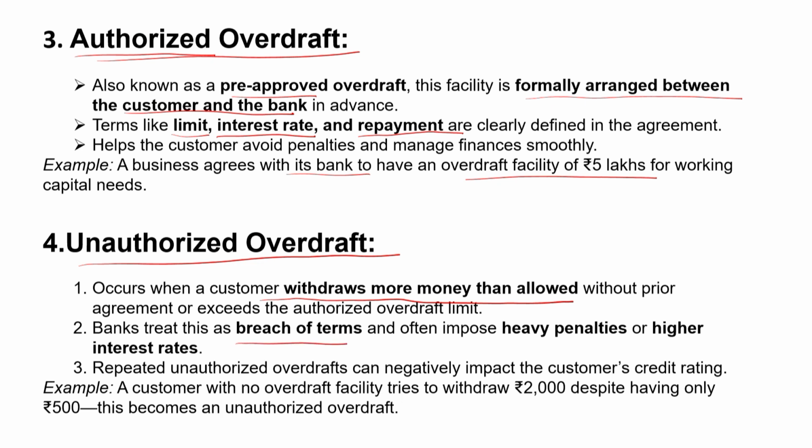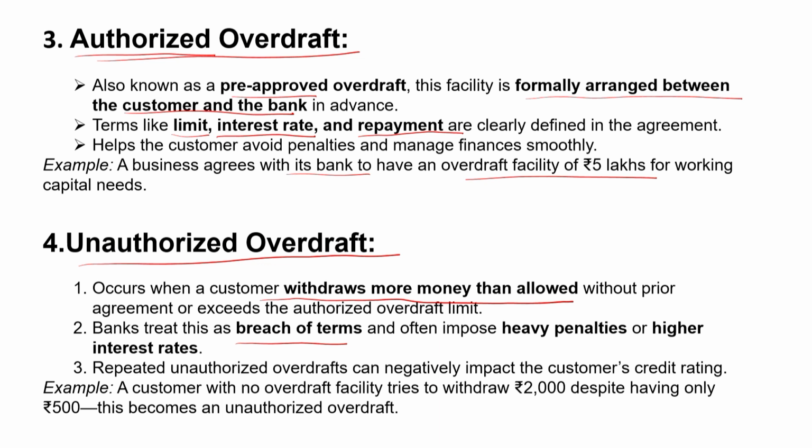That means the bank imposes heavy penalties, or they can also charge a higher rate of interest for such breach of contract or terms on the part of the consumer. So obviously, if such an unauthorized overdraft is taken repeatedly by the consumer, then it can also deteriorate the consumer's rating, as well as indicate mismanagement of the consumer's finances.